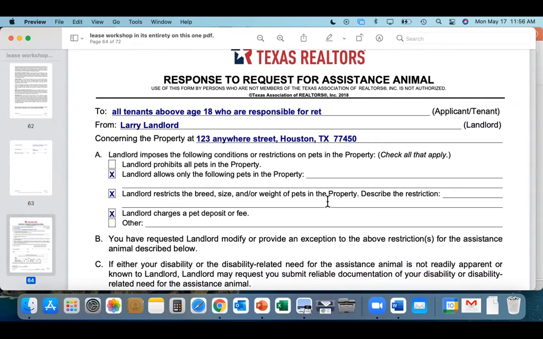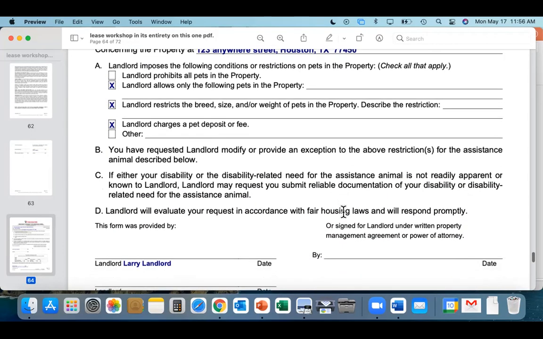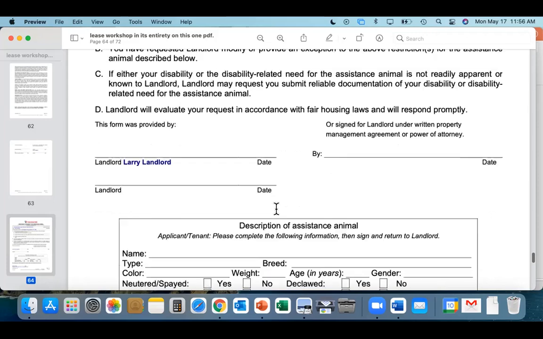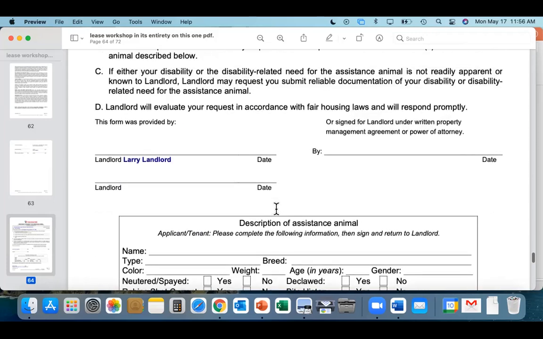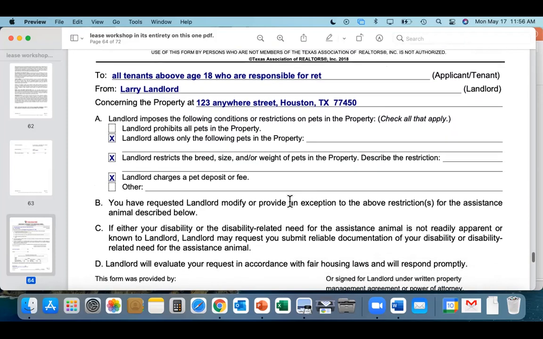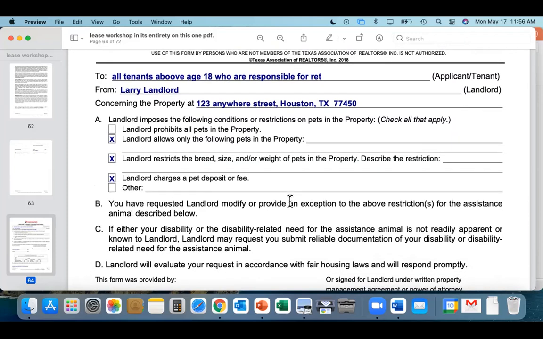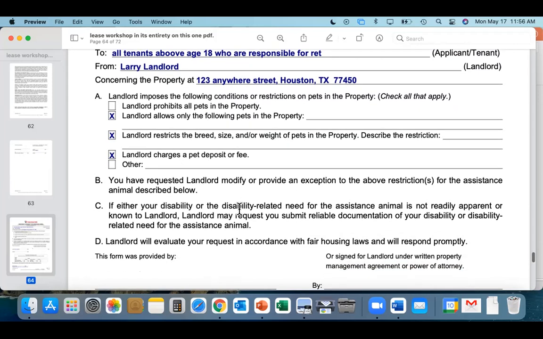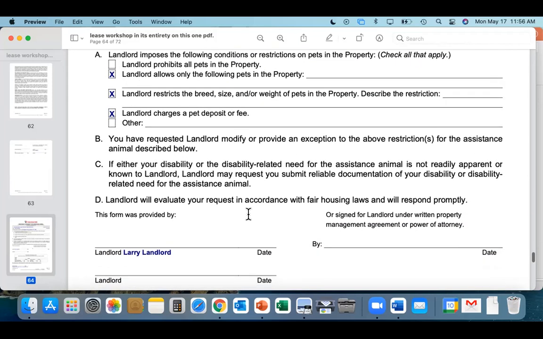Here's a response to request for assistance animal. So if you have a tenant that has an assistance animal, this is a form that you would give to the landlord. The landlord and tenant fill this out. It lets the landlord tell the tenant, I'm prohibiting pets, I'm restricting the breed and size, and I'm charging a pet deposit or fee.